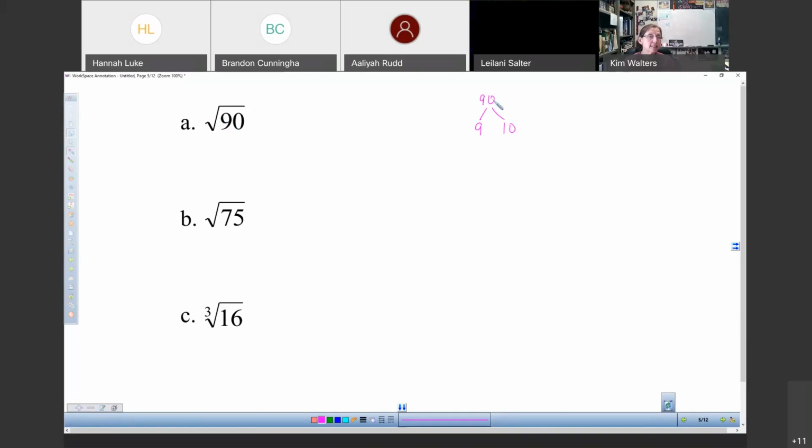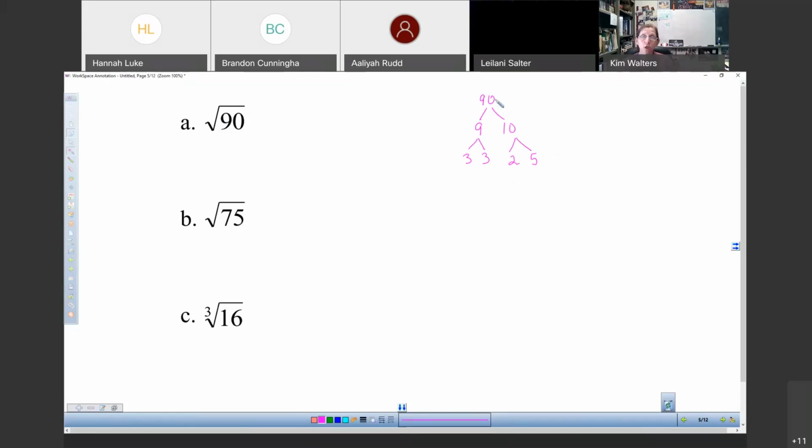Any number that ends in a 0 has a factor of 10. 9 is not a prime number, so I can factor it into 3 times 3. 10 factors into 2 times 5. Those are prime numbers. So if I take 3 times 3 times 2 times 5, that gives me 90. I've written 90 now as a product of primes.